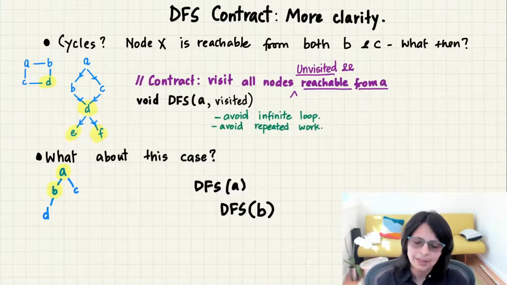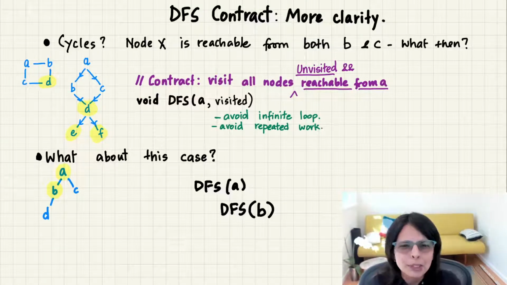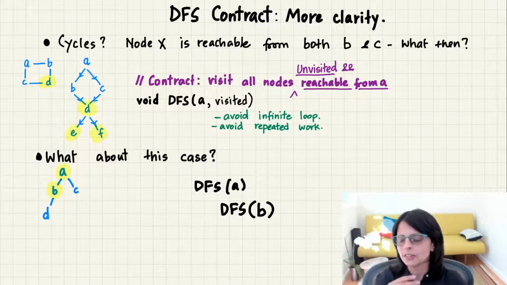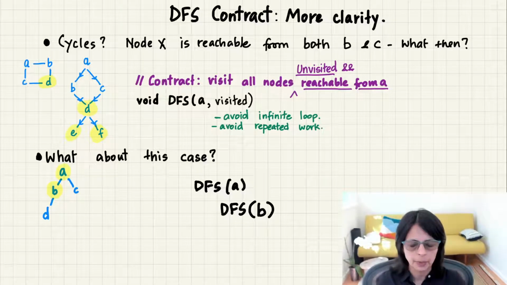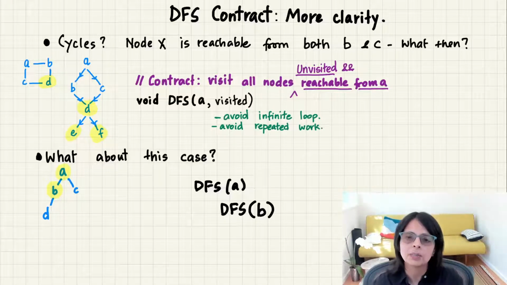Now, it's simple, but not that simple. So let's nitpick a little bit on the contract that says DFS of A is to visit all nodes reachable from A. A few caveats: first one, what if there are cycles in the graph? And even without cycles, what if there is a particular node, in this case, let's say D, that's been highlighted?